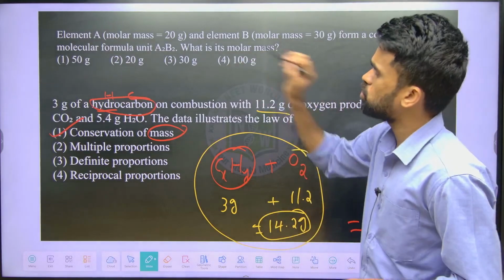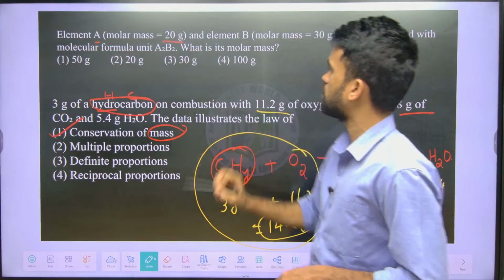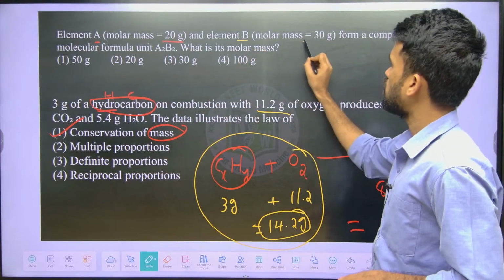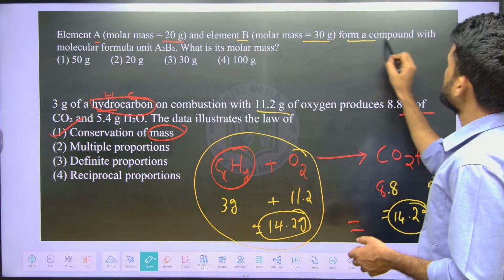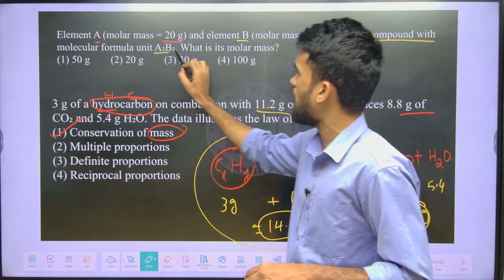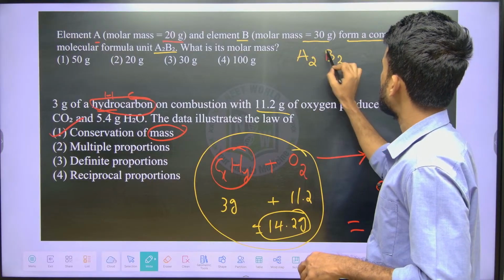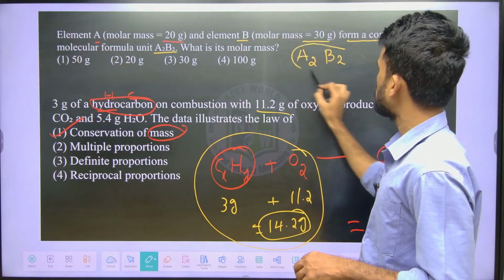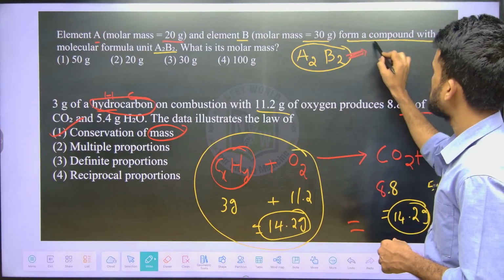Now look at this question, the above question. Element A having molecular weight 20 and element B having molecular weight or molar mass 30. Okay. These two combine to form a compound with molecular formula A2B2. So what is the molecular formula we got? A2B2. Now for this particular formula, what is its molar mass they are asking?